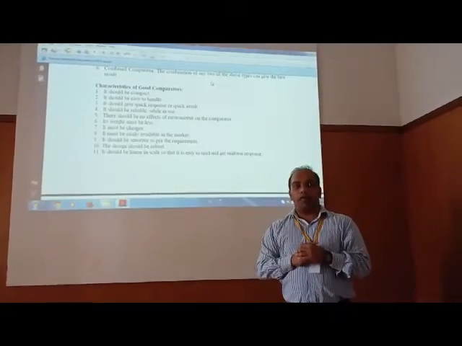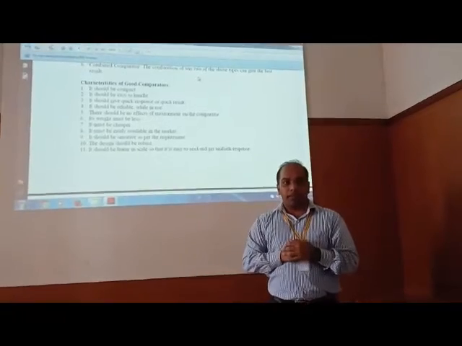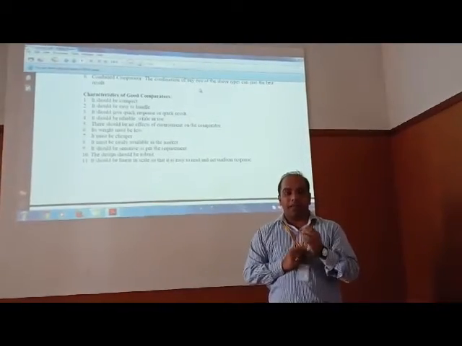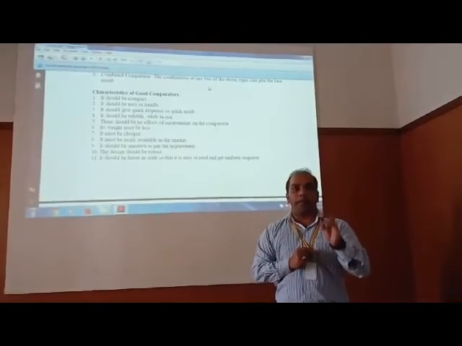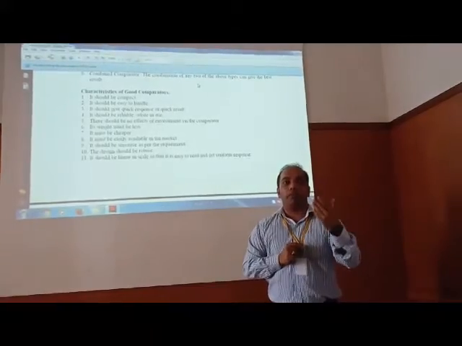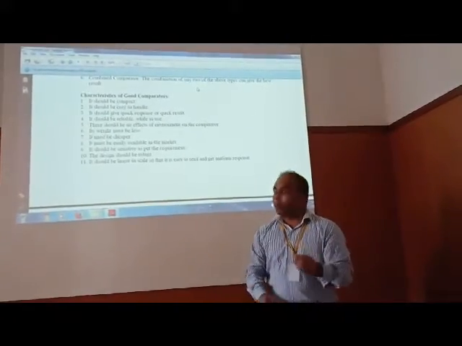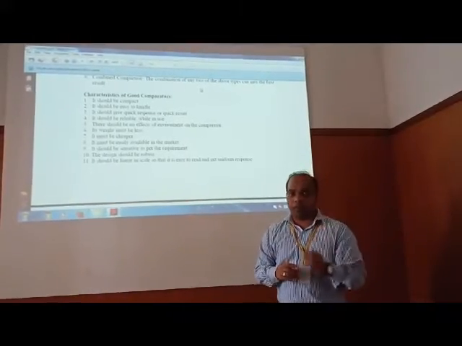Since in the model of error, we have seen in the last lecture, human error, also called parallax error, occurs due to improper vision of the person who is operating the machine. So a small variation can cause a large deflection over there. So these are the characteristics we have to follow in order to get a good comparator.